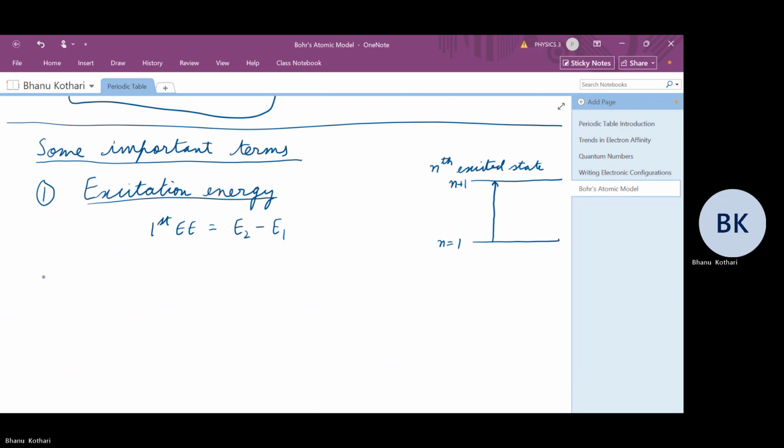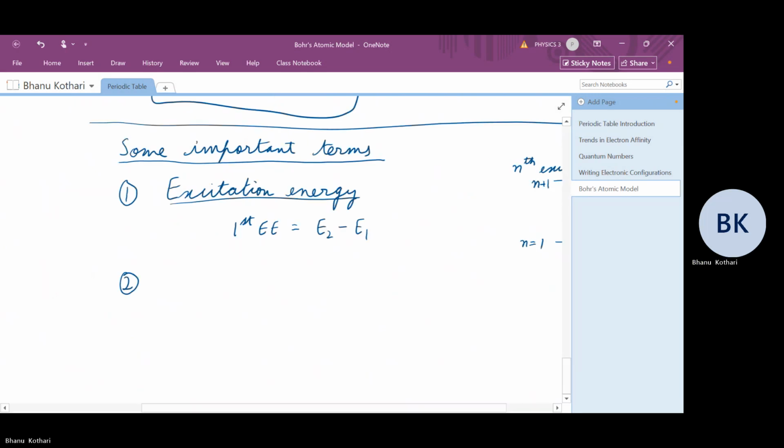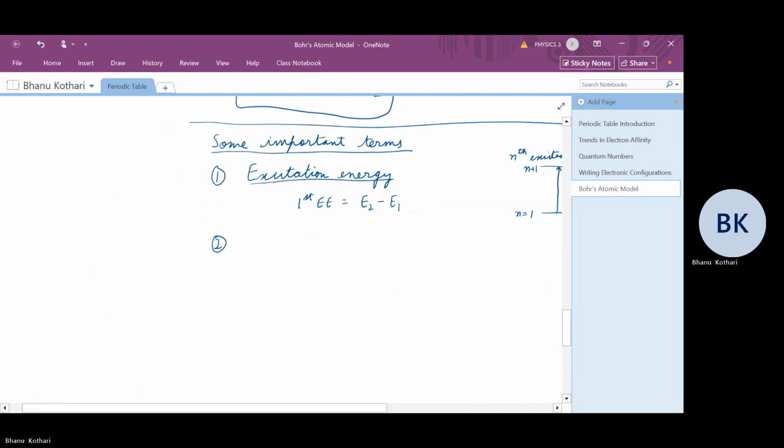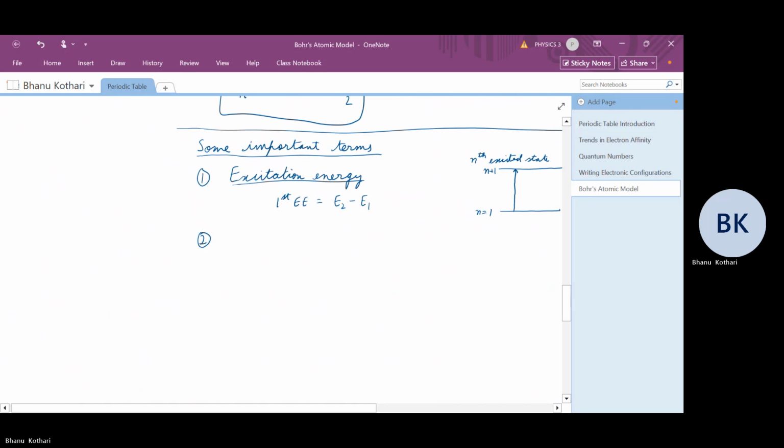The second term is called the binding energy. It's also called the separation energy.